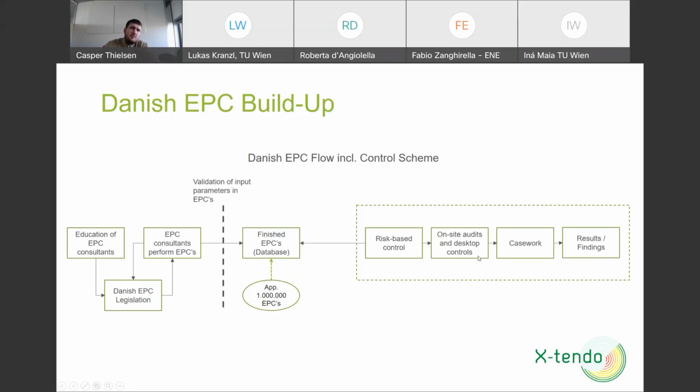After we have identified 150 EPCs, we are making on-site visits and desktop controls based on that. From our casework, we also get some results and findings. This EPC flow will make sense later in my presentation, as I will show you how we can implement a feedback loop to provide the knowledge from our results and findings back to our EPC and improve the quality throughout our entire EPC scheme.